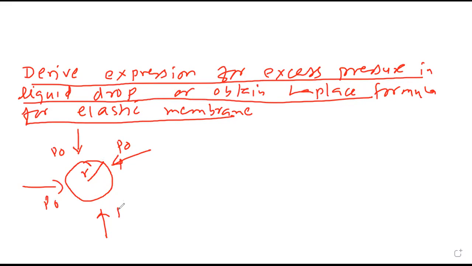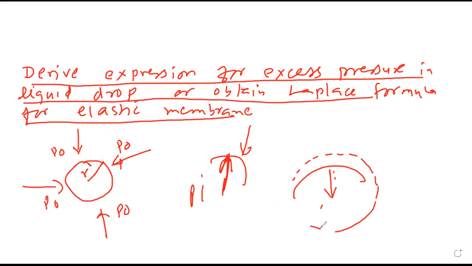P naught is external; the difference between the two is the excess. Against this extra pressure, if I move this surface, I am doing work.